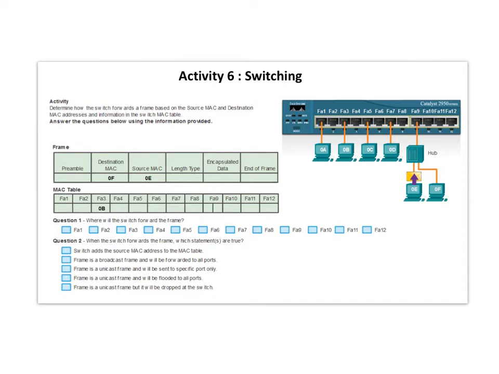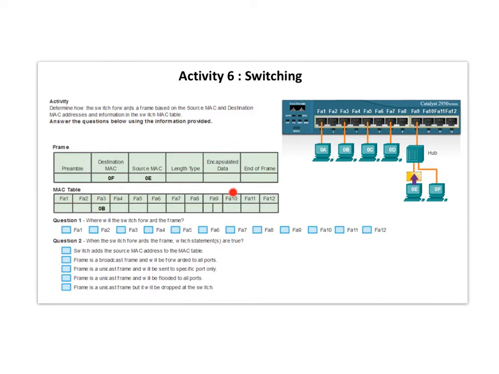Okay, so the first activity here tries to get us familiar with how the switch actually works. You have a frame which is sent from one source to one destination. From the address, you need to figure out where the source is and where the destination is.